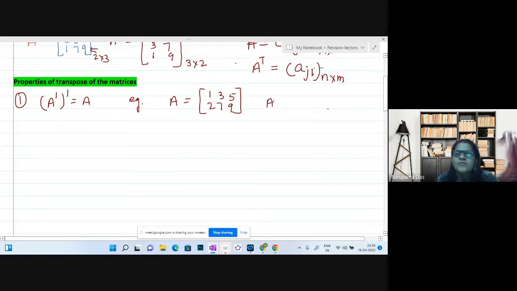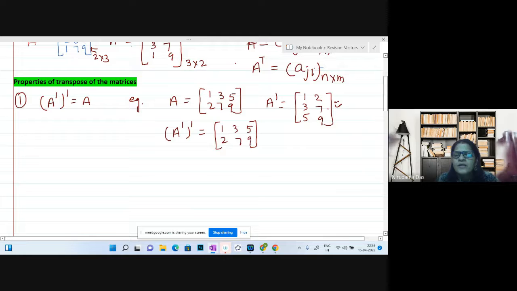Now A transpose will be 1, 2, 3, 7, 5, 9. So let me take transpose of A transpose. You observe the transpose of A, then take its transpose. Can you see? You are getting the matrix A itself. So it is now verified.